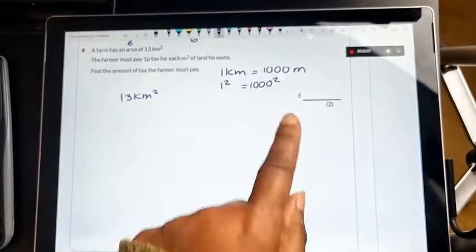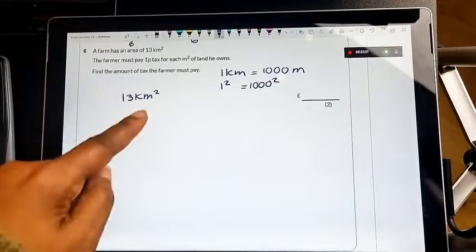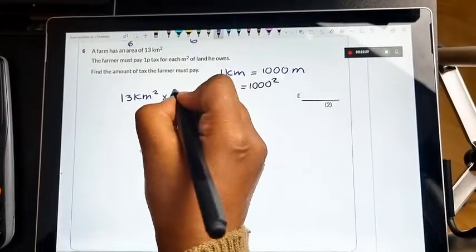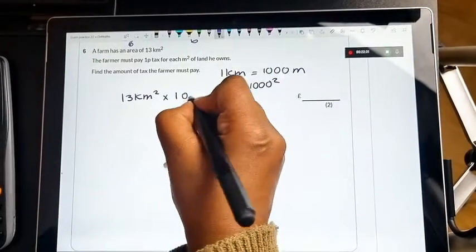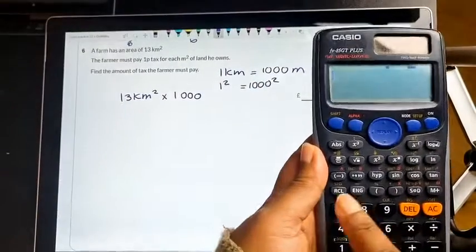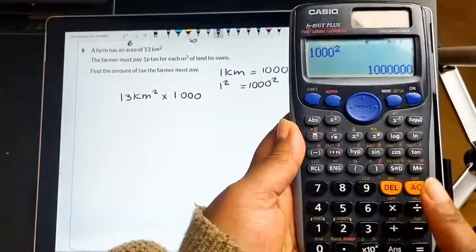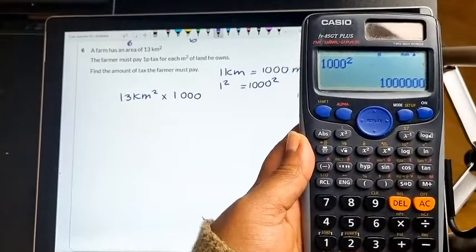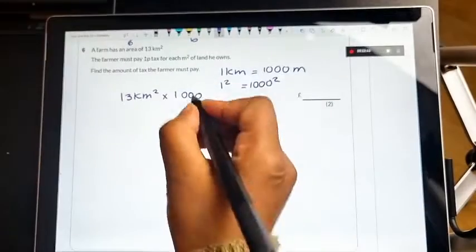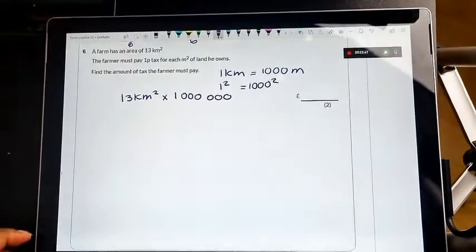And this is where most people forget. This is equal to 1,000,000, okay? So you need to multiply that with 1,000,000 because it's 1,000 squared. If you're not quite sure, type it on the calculator. So you have 1,000 squared and you get your answer. 6 zeros come after the 1, guys. So you have 1,000,000. So that's what you're multiplying by.